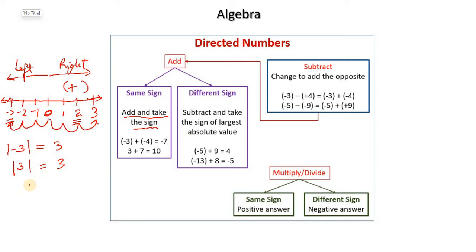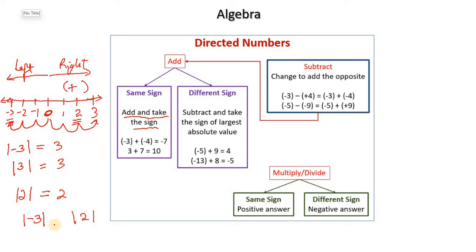So let's look at this now. Look at +2. What's the absolute value of +2? How far is it away from the origin? 2 units. Good. So let me ask you a question. Which is greater, the absolute value of -3 or the absolute value of +2?